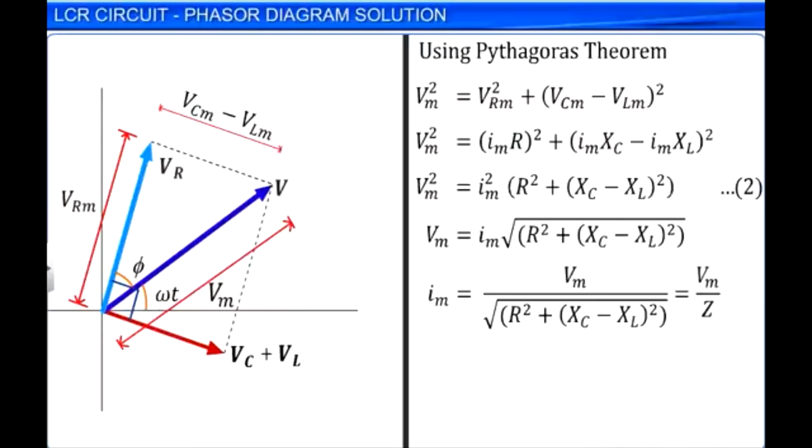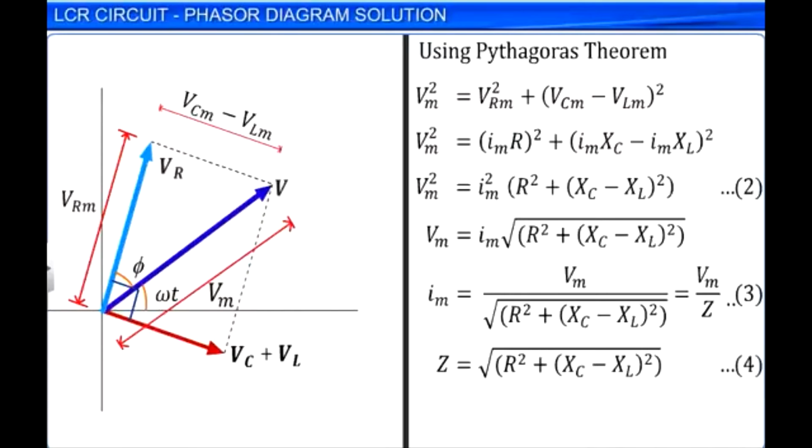Here, Z is the impedance of the LCR series AC circuit, which is analogous to resistance in a DC circuit, and is equal to under root R square plus (Xc minus XL) square. Let this be equation 4.